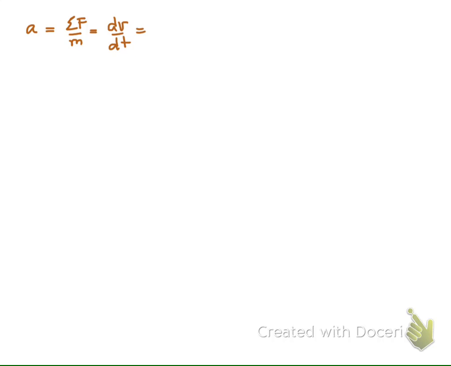And also, as we discussed, it is equal to g minus bv over m. Okay, and this is the differential equation.